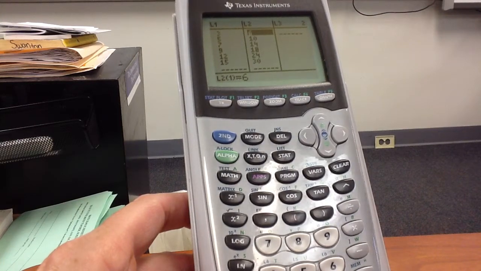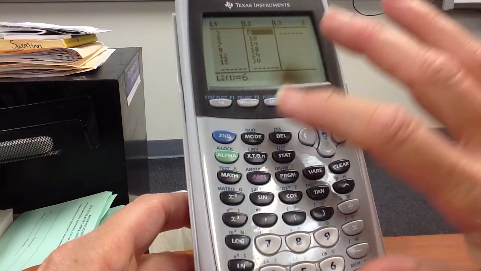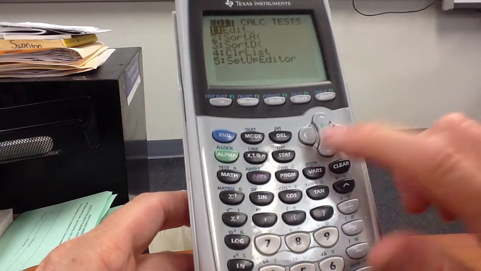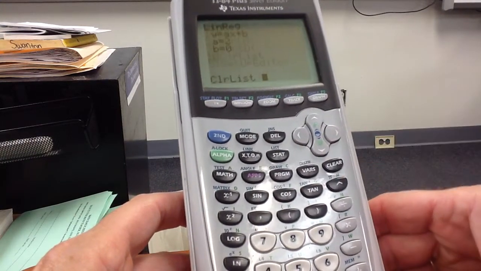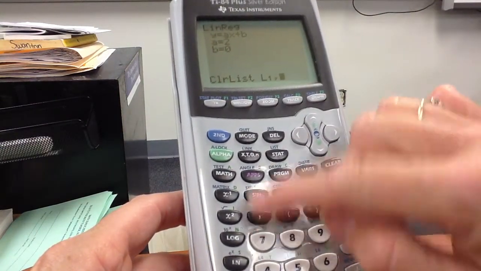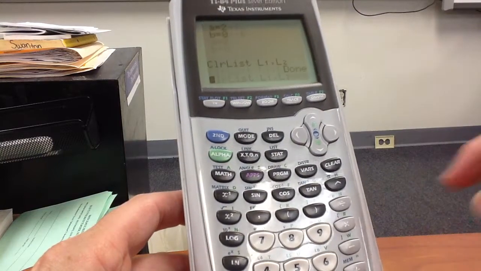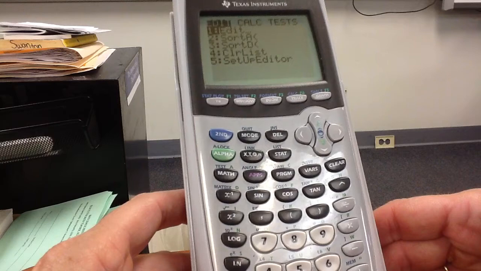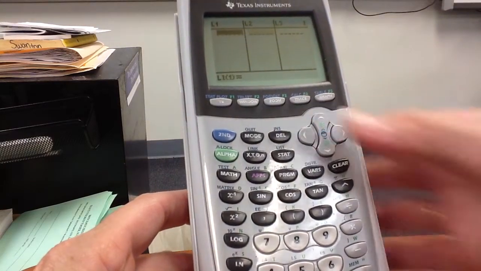I do not feel like physically deleting each entry, although I can do that. I am going to go back to Stat, click down to Clear List, L1, comma, L2.